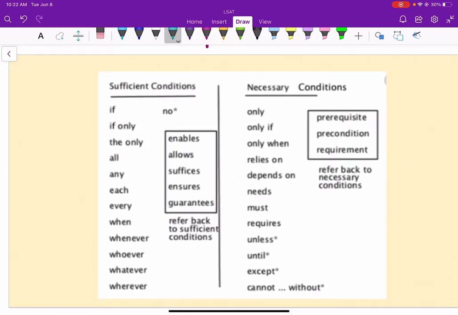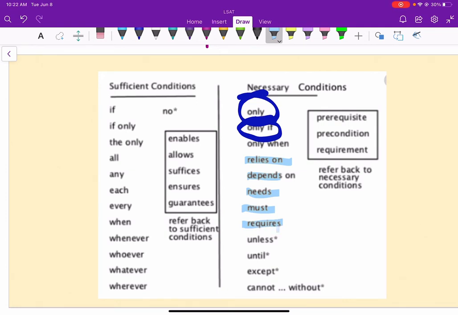All right. And just like sufficient conditions, there are more necessary condition indicators than just only if. Some of the most common ones are relies on, depends on, needs, must, requires.